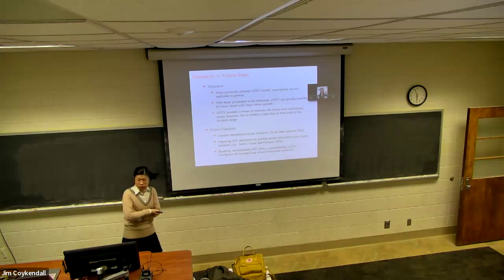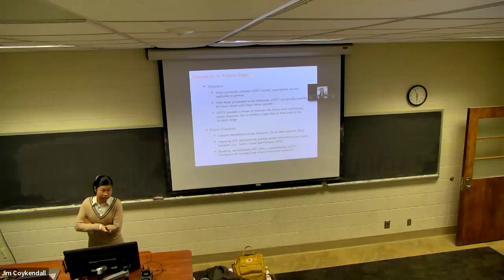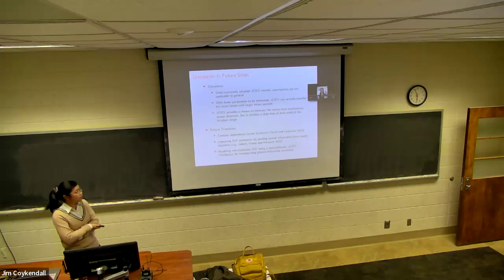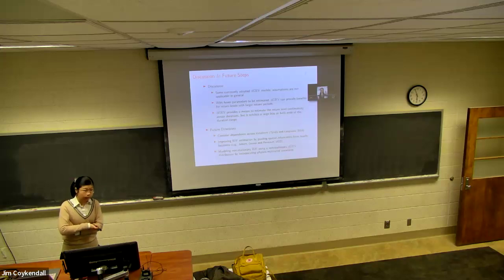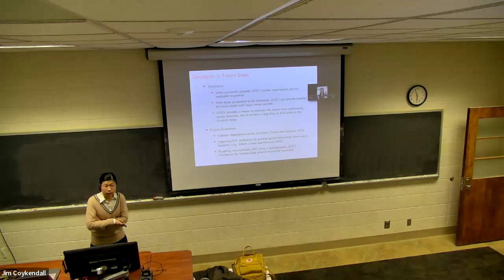I'm going to wrap up today's presentation. Today we discussed some commonly adopted dGEV models, such as the 1C model and 2C model, and the way to estimate them by MLE or by d square. And then we also proposed our own model, which is a GAN model.